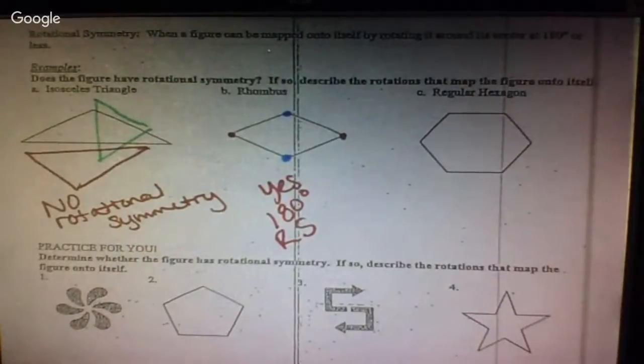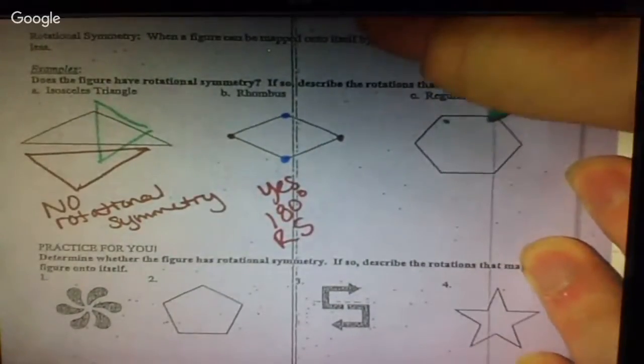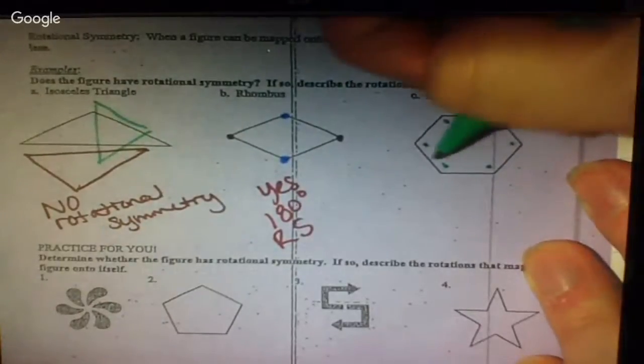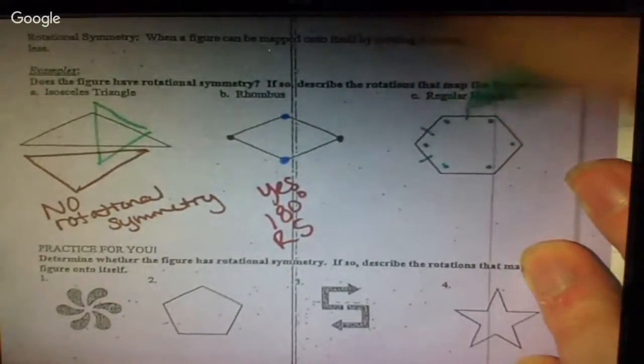What about a regular hexagon? 180 works. I can technically do this in less than 180. A regular hexagon means all of these angles are the same, and all of these sides are the same.